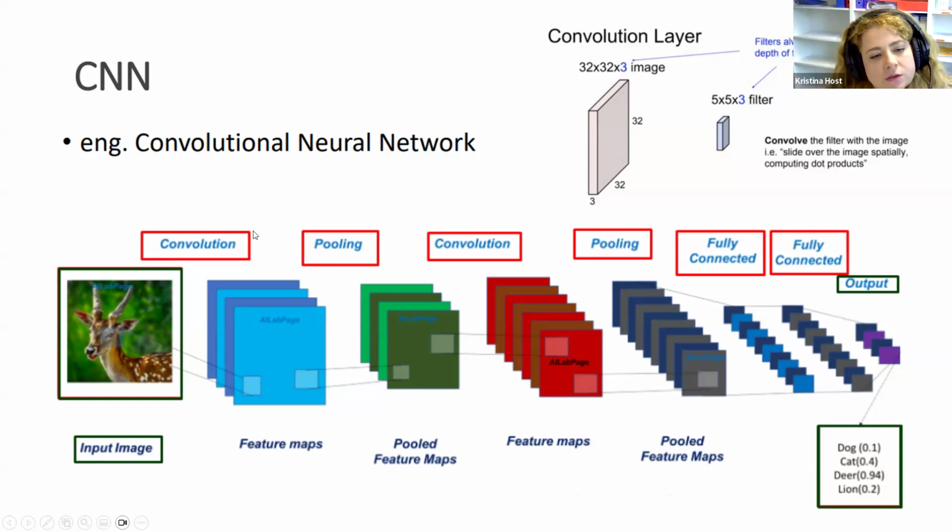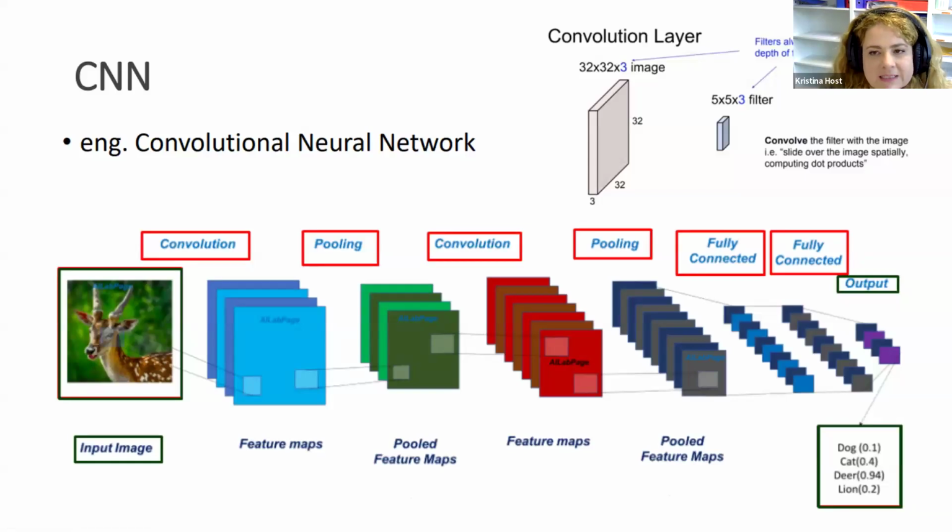How does the convolution work? We have convolutional filters that convolve with the image. They slide over the image and compute dot products. They are smaller in size than our image, but they have the same depth. So if we have a colored image, the filter will also be three-dimensional. That's the basic idea.